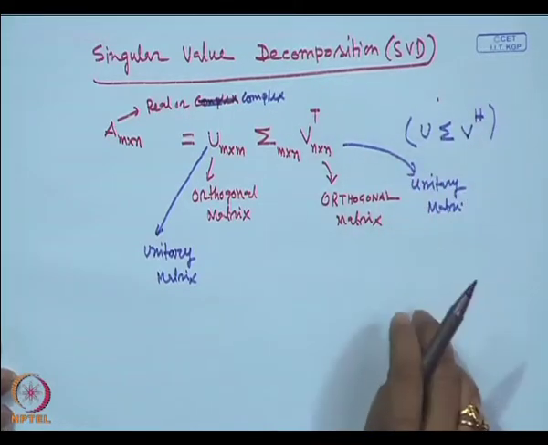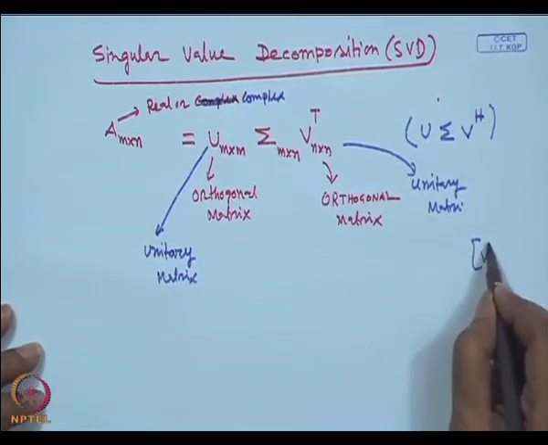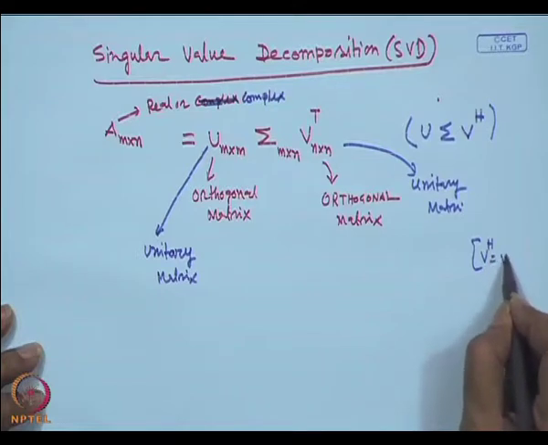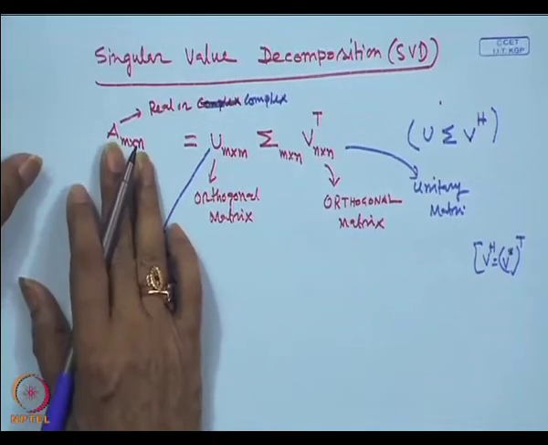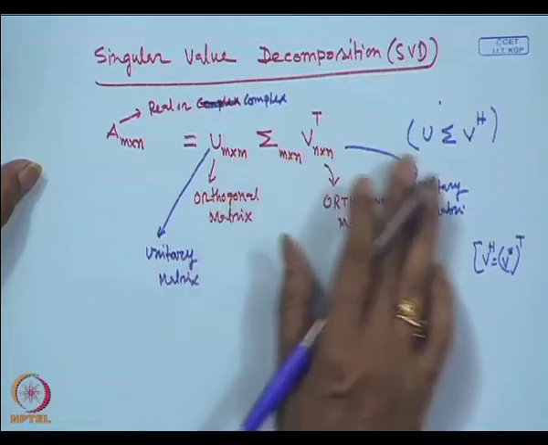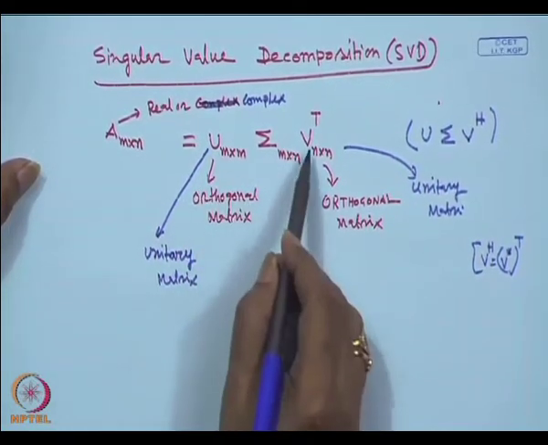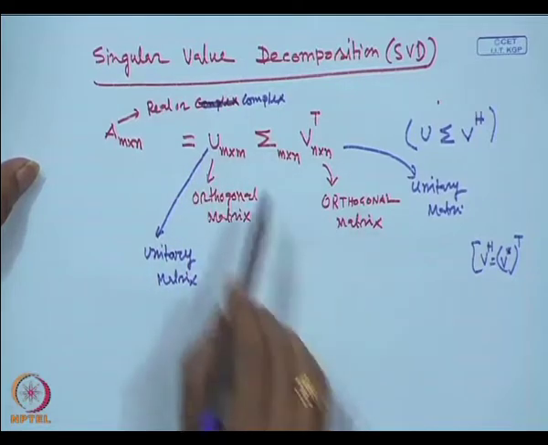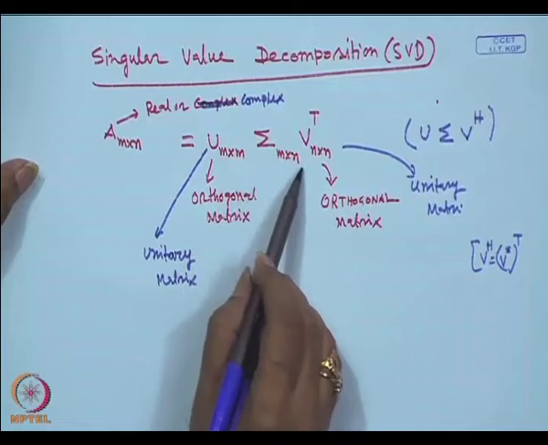So, note that V h indicates V star transpose, and any real matrix or complex matrix I can decompose into this form, 3 matrices. In the real case, V and U are orthogonal matrices, and sigma is a rectangular matrix, and each element is real.